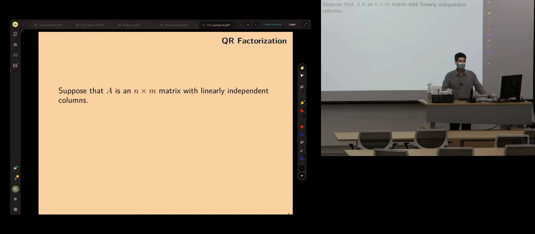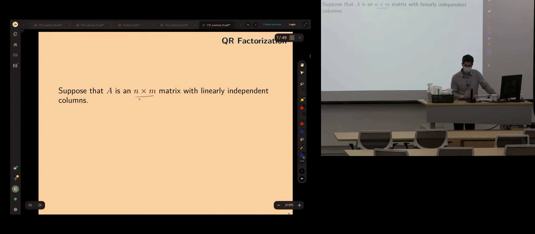Today we're going to relate this to a new factorization called QR factorization. The way we're going to do that, instead of an arbitrary set of vectors, is to talk about a matrix and the columns of that matrix. So imagine we have a matrix A, n by m. Its columns are linearly independent.